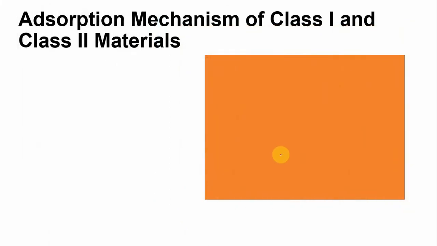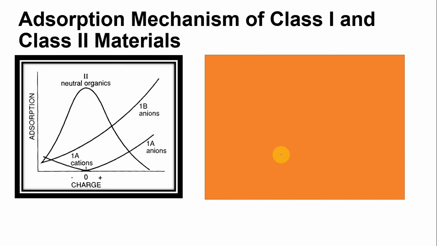So the adsorption mechanism of class 1 and class 2 material can be seen here. We can see the adsorption of the neutral organics, and you can clearly see that if the surface charge is 0, then neutral organic molecules show maximum adsorption, and then the anions from class 1B show more adsorption as compared to the anions from class 1A.